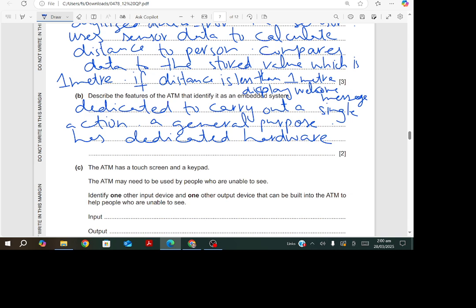No, anything which is a combination of hardware and software cannot be categorized as an embedded system. So you need to just write this: dedicated to carry out a single action, it is not a general purpose device, or it has dedicated hardware. Or you can say hardware is used to operate the ATM.